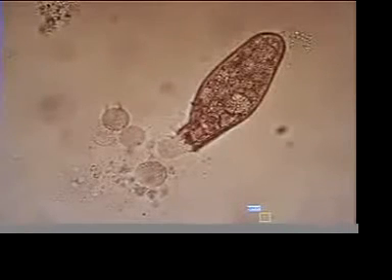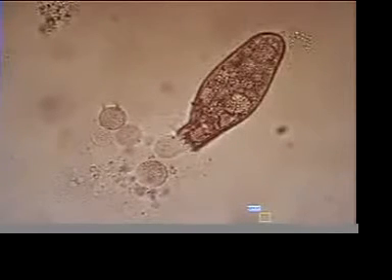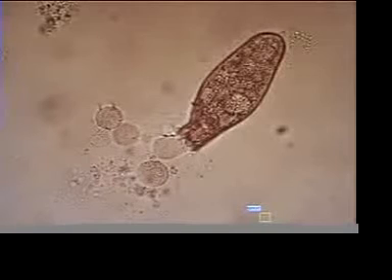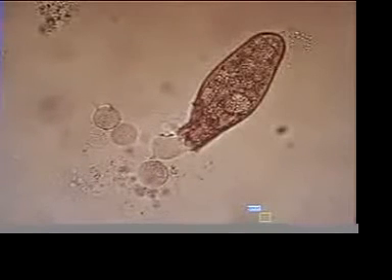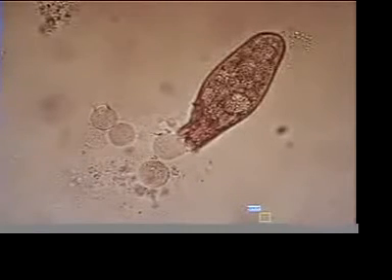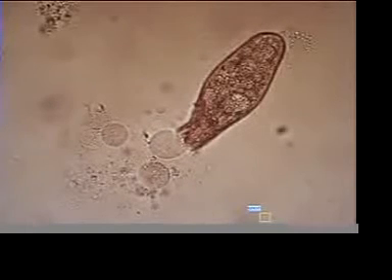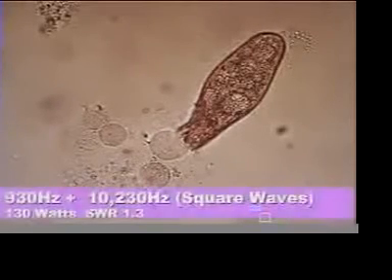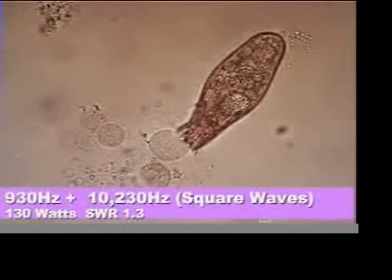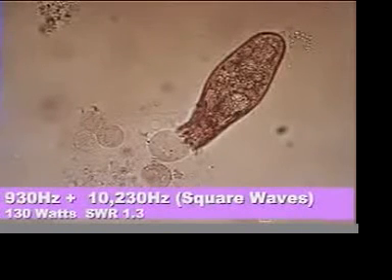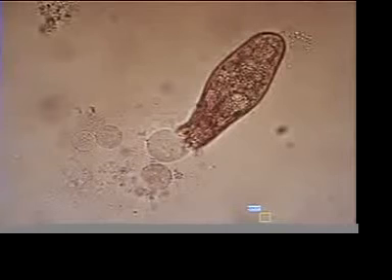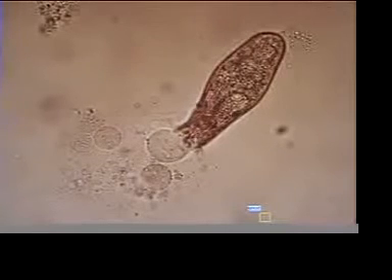Disintegration of a Blepharisma in real time. 130 watts, SWR 1.3. We're running two frequencies, 930 hertz plus 10,230 hertz, which is the 11th harmonic of 930 hertz. This is happening in real time.